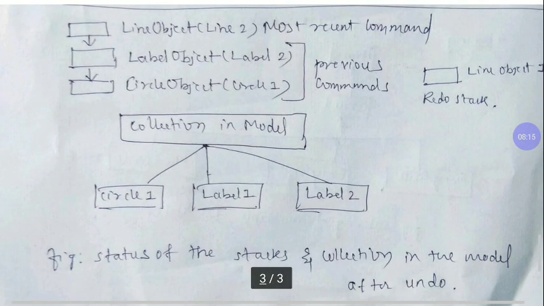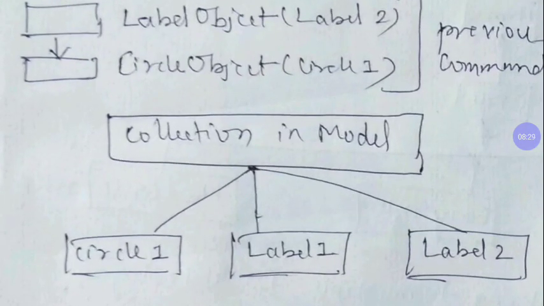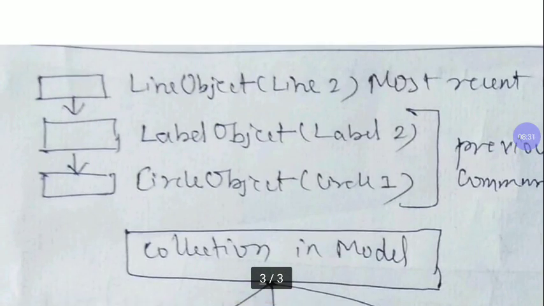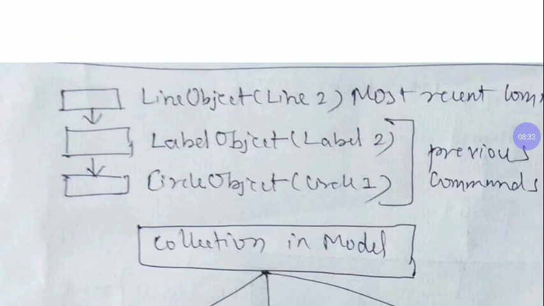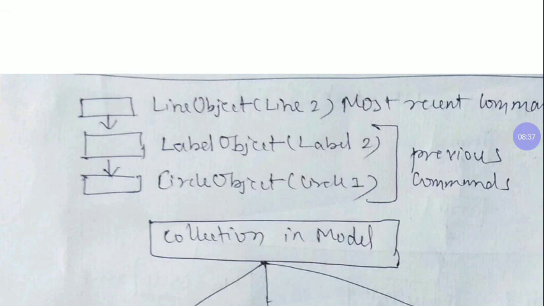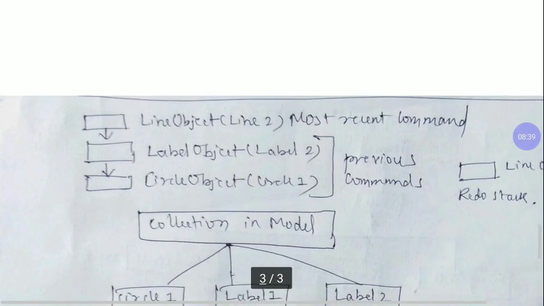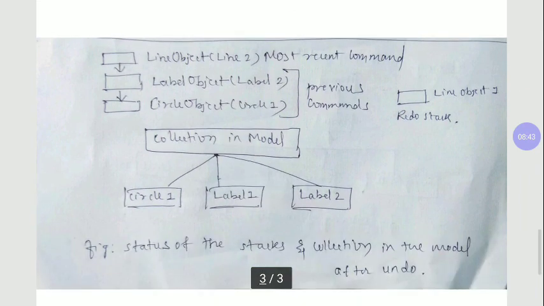This is the diagram after the undo operation, showing the status of the stacks and the collection in the model after undo. This is the history stack. Previously it had 4 elements. After undo, the top element is popped and pushed into the redo stack.